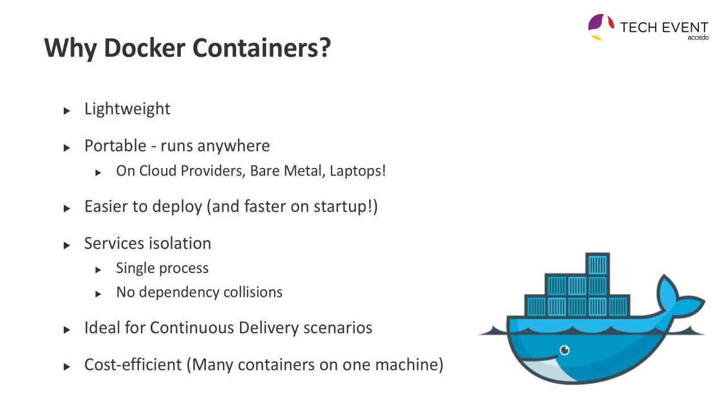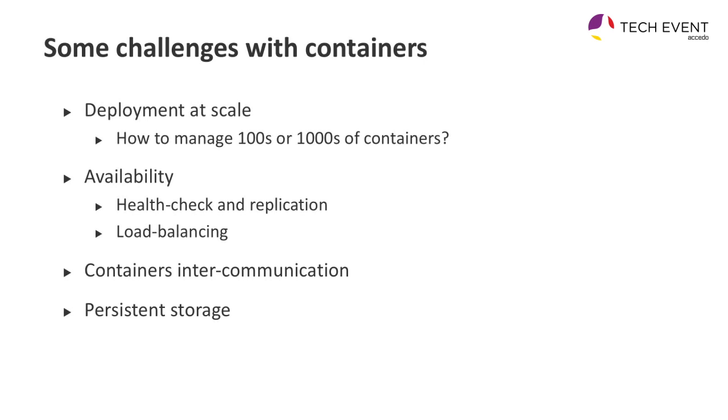But there are some challenges with containers. If we talk about scalability, for example deployment at scale: how to manage hundreds or even thousands of containers, how to ensure availability of your containers, how to ensure that your container is always up and running at any point of time, and how to load balance them in a good way if you have more containers running for your application.